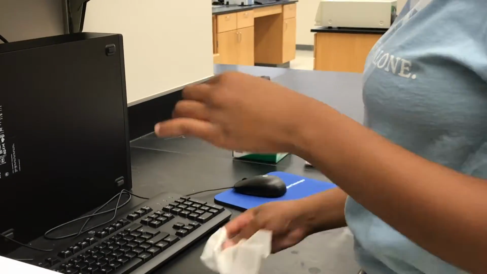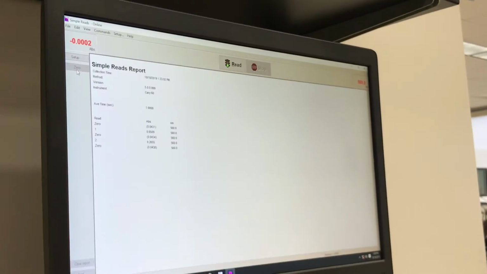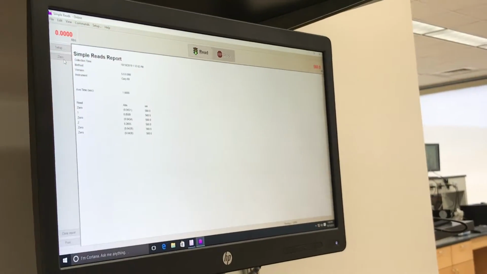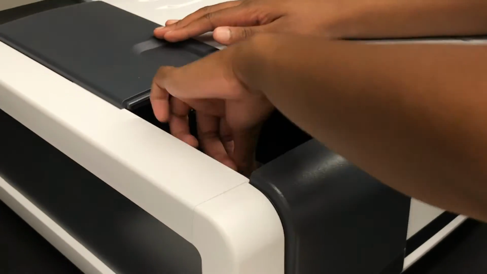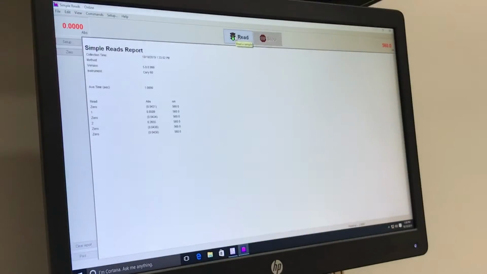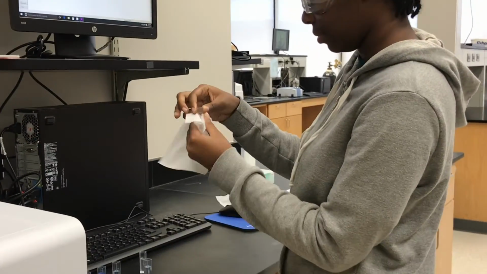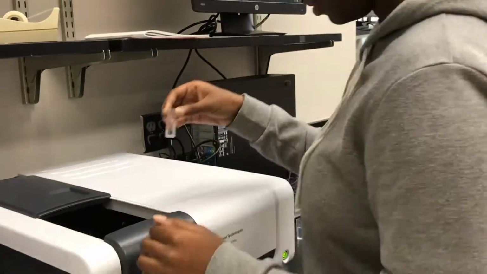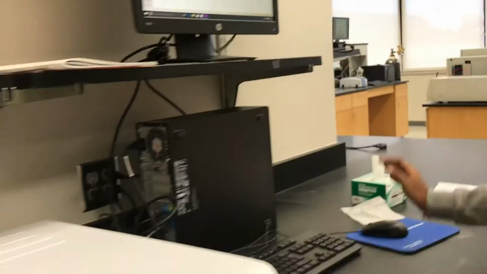Again, we will go through the process of zeroing the spectrophotometer using the blank of ammonia, but this time we will record our absorbance value from our dilution 2. We will repeat the same process using our dilution 3.